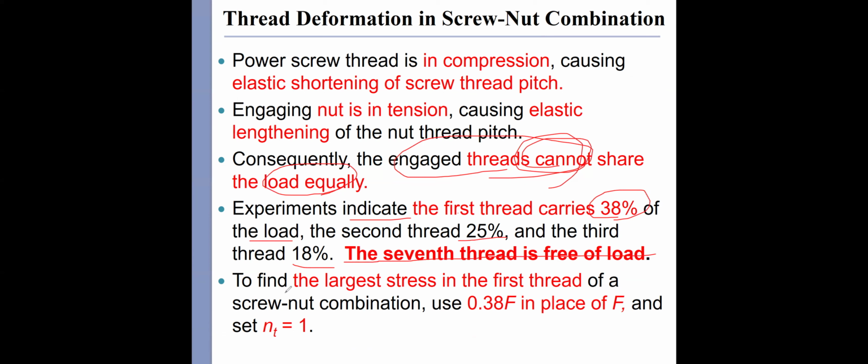To find the largest stress in the first thread of the screw-nut combination, the rule of thumb is to use 0.35 F in place of the force, and set Nt, the total number of threads, equal to 1.